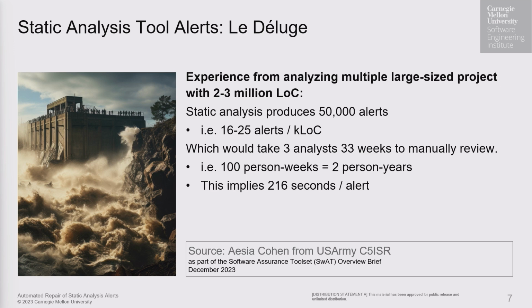However, I recently talked with Asia Cohen of C5ISR, and she also manages a lot of code auditing and has similar statistics. So I'm giving you her statistics. In particular, they've discovered that the average C code is 2 to 3 million lines of code, and they produce on average about 50,000 alerts.